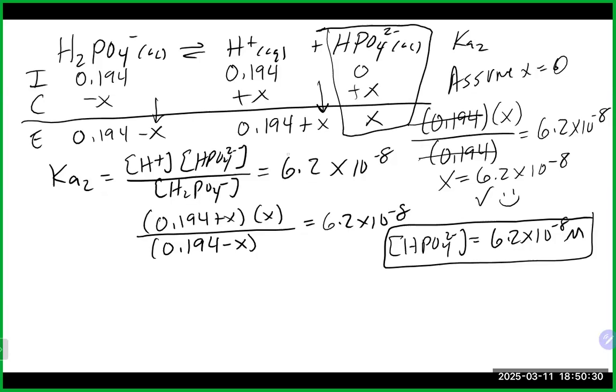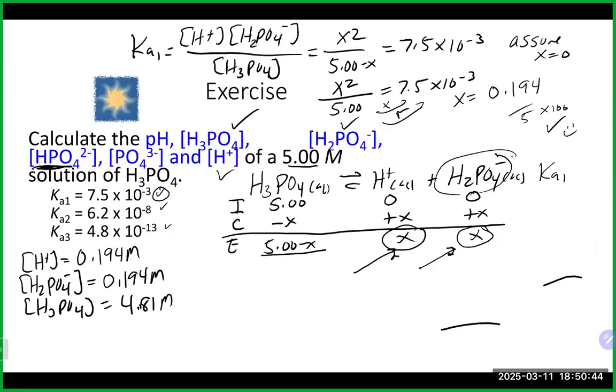So it does not change all that much. Those concentrations are still the same as where they started. And that is a result of it not breaking apart as much, right, as we saw on the first one. Any questions on that one there? Now, that gave us this guy's concentration. Unfortunately, in this question, we are looking for phosphate's concentration as well.